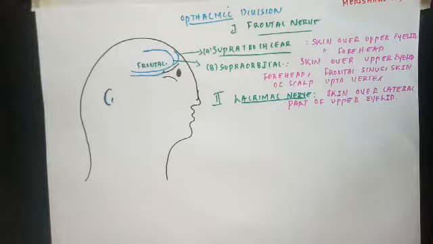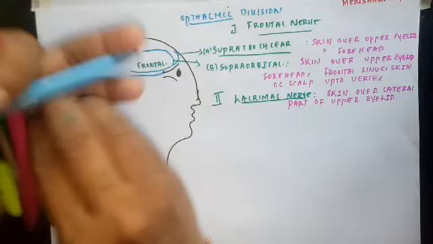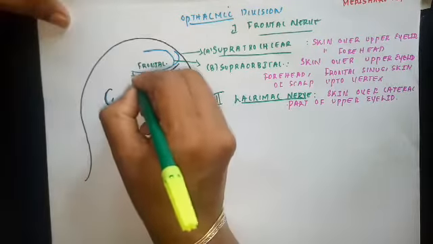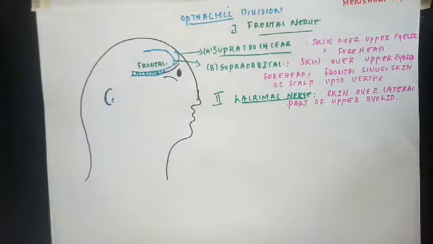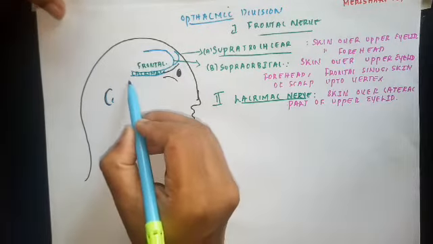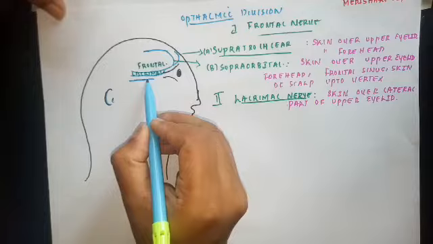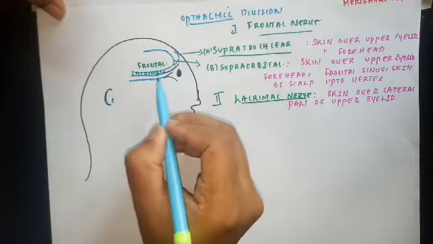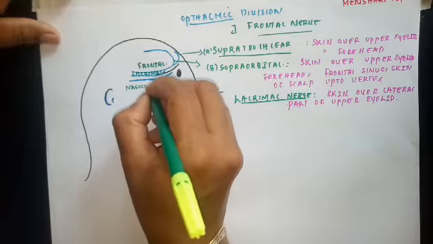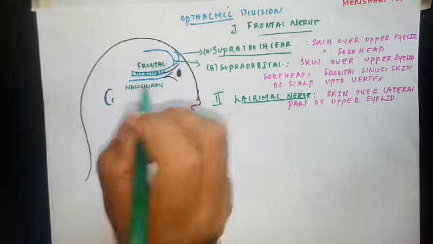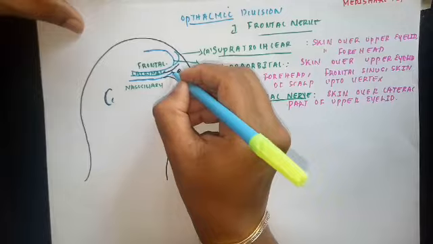And the next branch is the nasociliary. It has got so many branches. The nasociliary comes here and gives a long ciliary nerve to the eyeball.